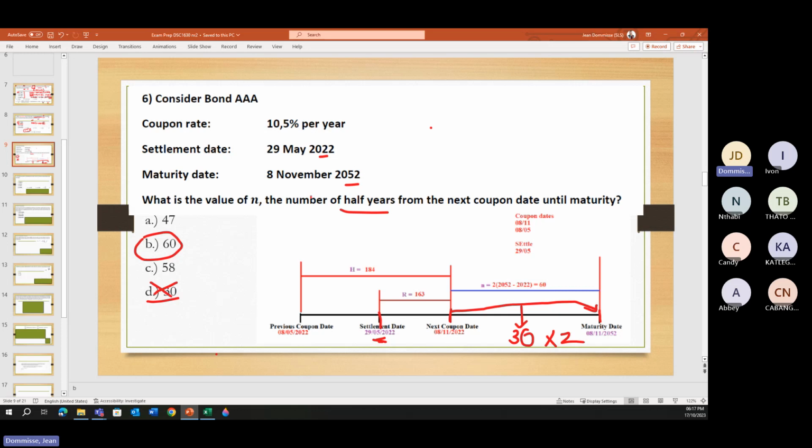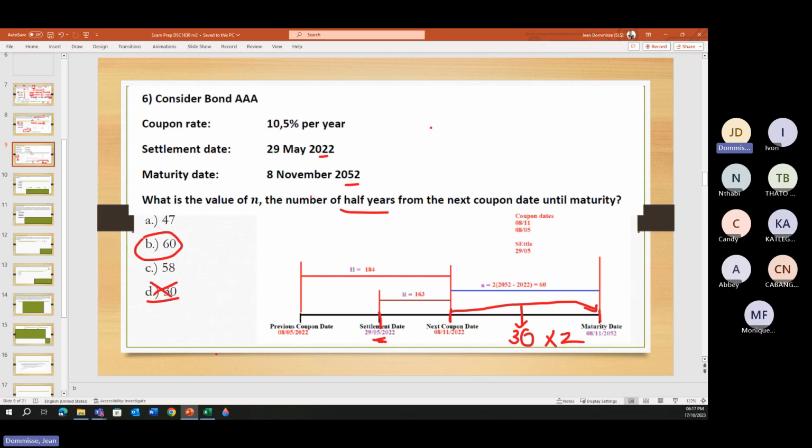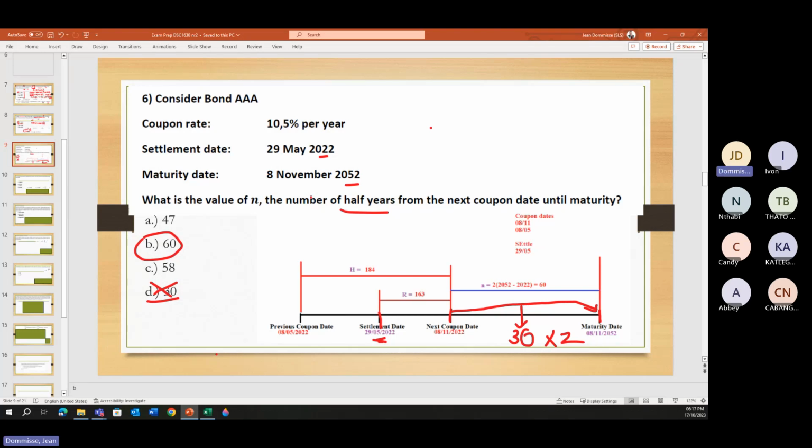To be honest, I haven't seen something like this before. This is the first time in a paper that I've seen them ask a question like this. In this paper there were quite a few different types of questions that they have asked.